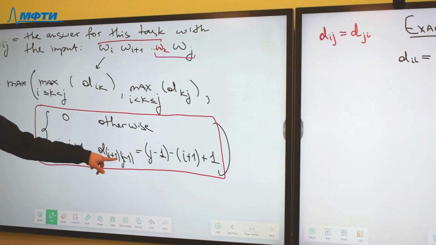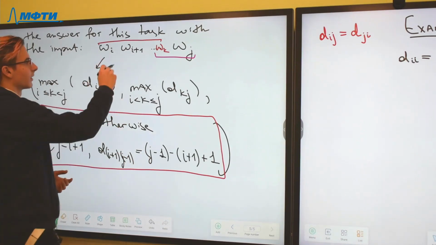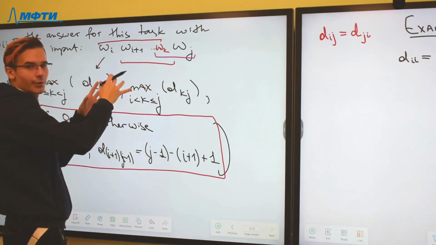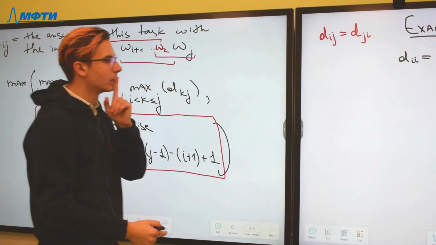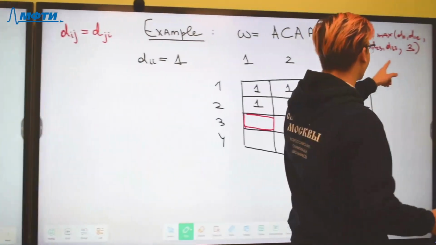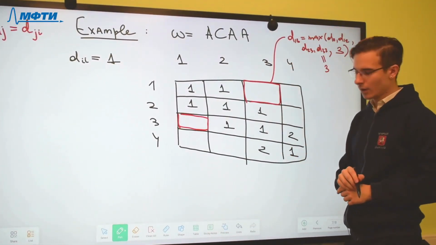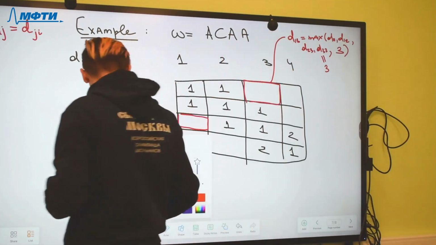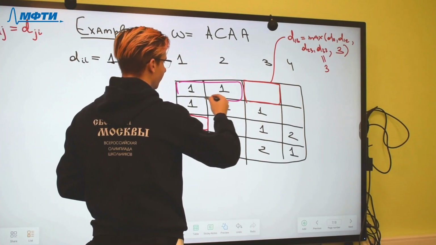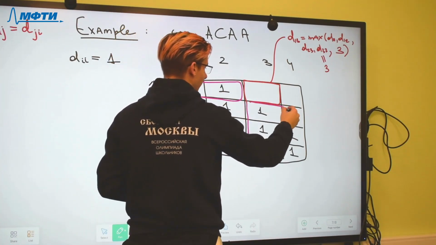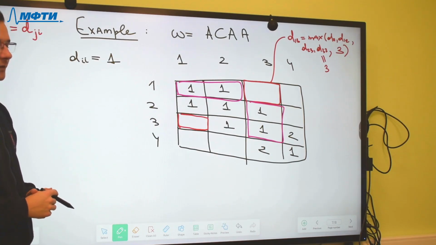When we find this equal, we say that if it is a palindrome, we can extend it with these two characters if they are equal. So I write here 3, and of course the maximum is equal to 3. And you see that we use information in this matrix from this and from this cell of the matrix.